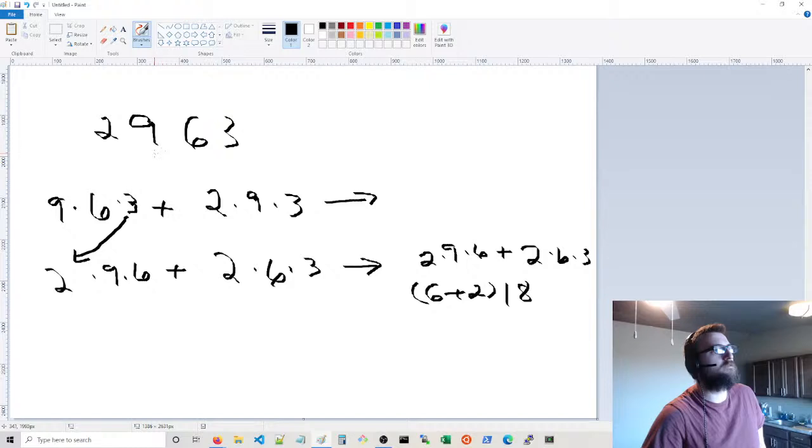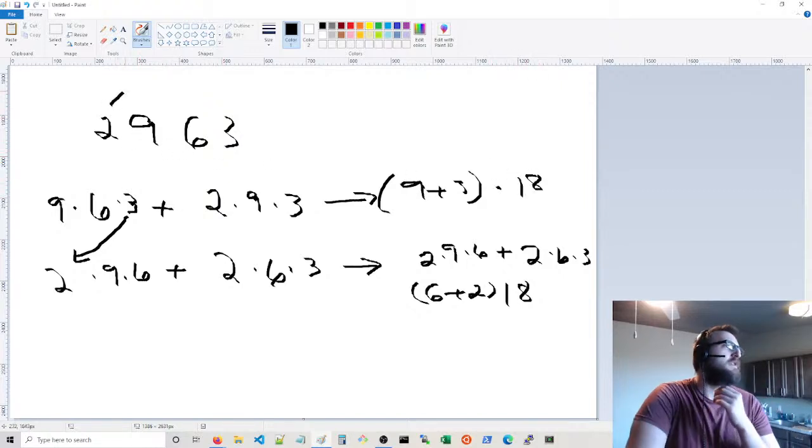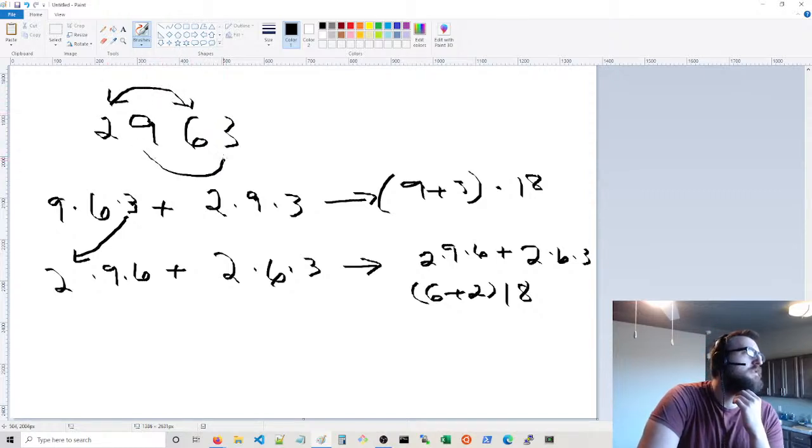And this one will be 12, right? It would be 9 and 3 times 18, if these get paired off. Those are the two considerations. So 8 times 18 and 12 times 18. Yeah, 9 here and 3 here.